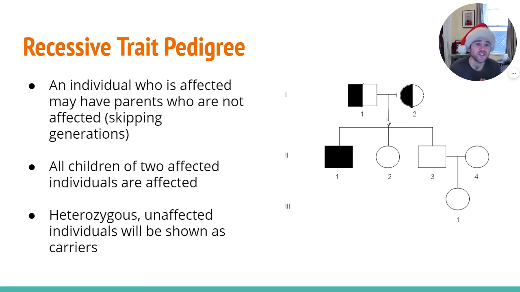It's important to note on a question, you may not see carriers because it's asking you, is it a dominant or recessive trait we're looking at? And so the carriers are kind of a dead giveaway, so they don't always draw in carriers. You should draw in carriers if you're asked to draw a pedigree, but if a question shows a pedigree and there's no carriers, don't automatically assume it's dominant. Look at some of these other clues like skipping generations.